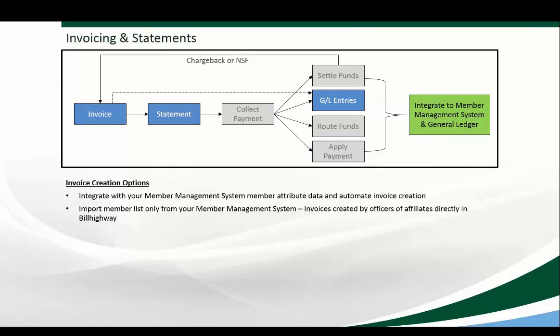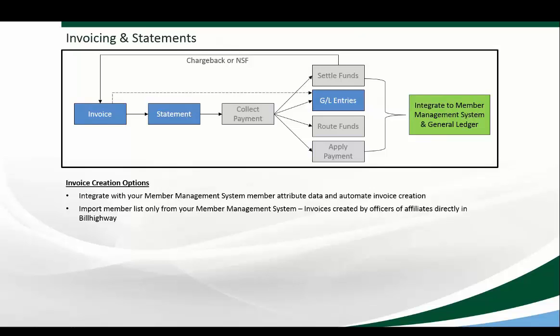We can integrate that member management system attribute information to create the invoices for you, or we can import only your member list into the member management system and allow local leaders, so officers of a chapter or a local or what have you, to go into Billhighway and create those invoices in large groupings based on billing types for your members.